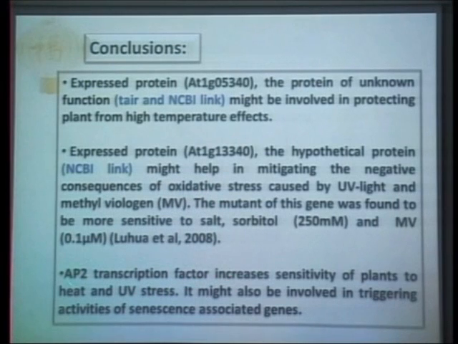And this AP2 transcription factor was highly sensitive to heat and UV stress. As we showed earlier, the mutant itself was protective. So it might be involved in triggering the activities of senescence associated genes also.